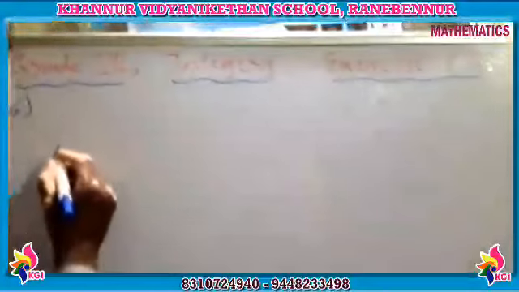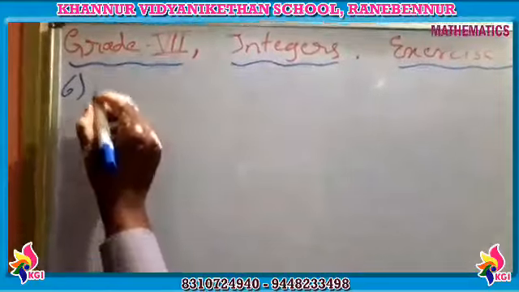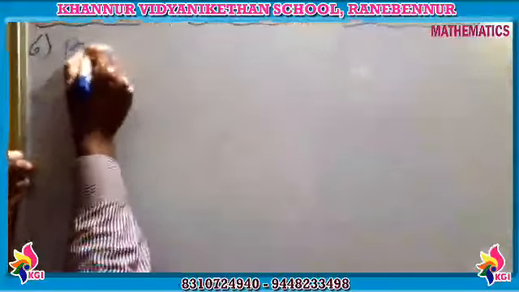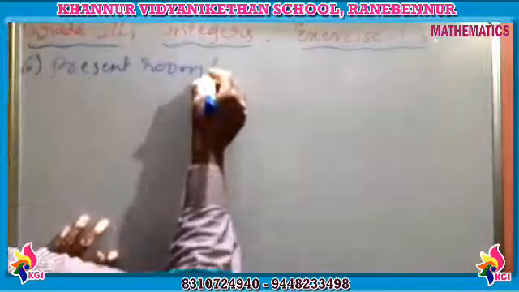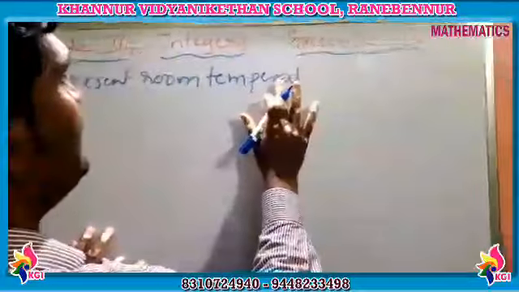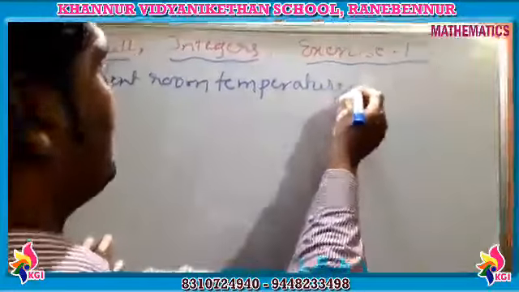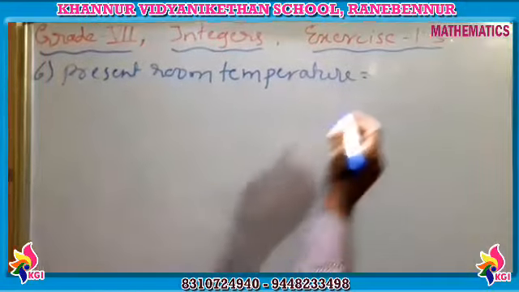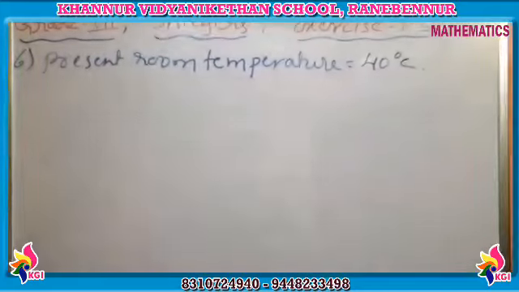So let us write the given data. First they gave the present room temperature. The present room temperature was how much, children? It was 40 degrees Celsius. After that, what have they given?